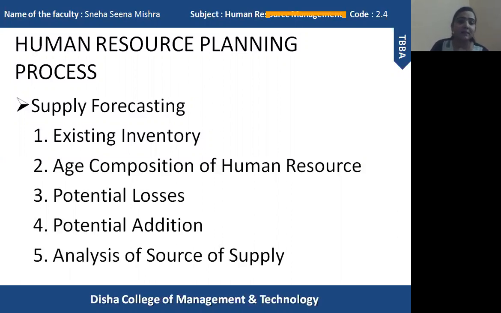Now let us discuss the second point under supply forecasting. Next one is age composition of human resource. Every organization has many experienced people, as well as many young people who are new to the organization, and many people for whom this is their first job.